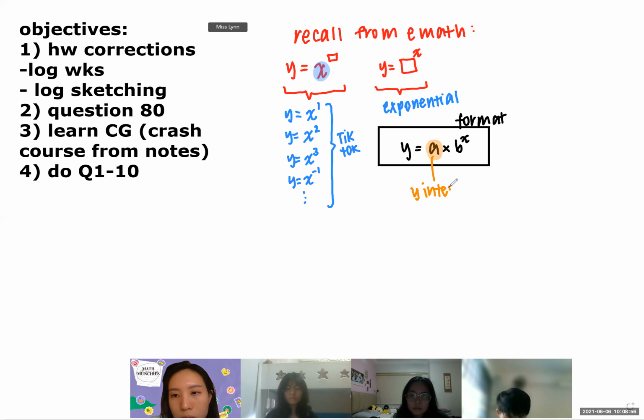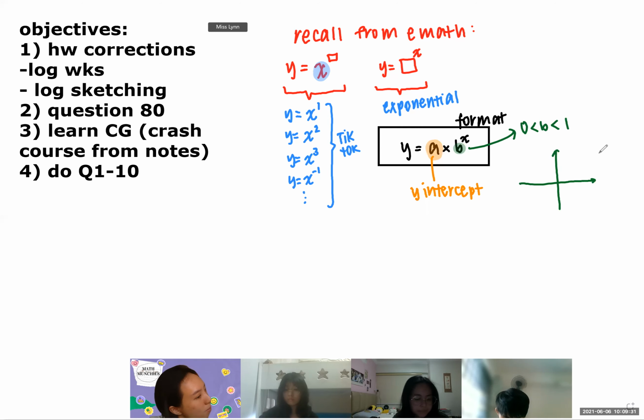What else? If B is between 0 and 1, it's a landing graph. What's the name of it? It's a what kind of graph? It starts with D, guys.